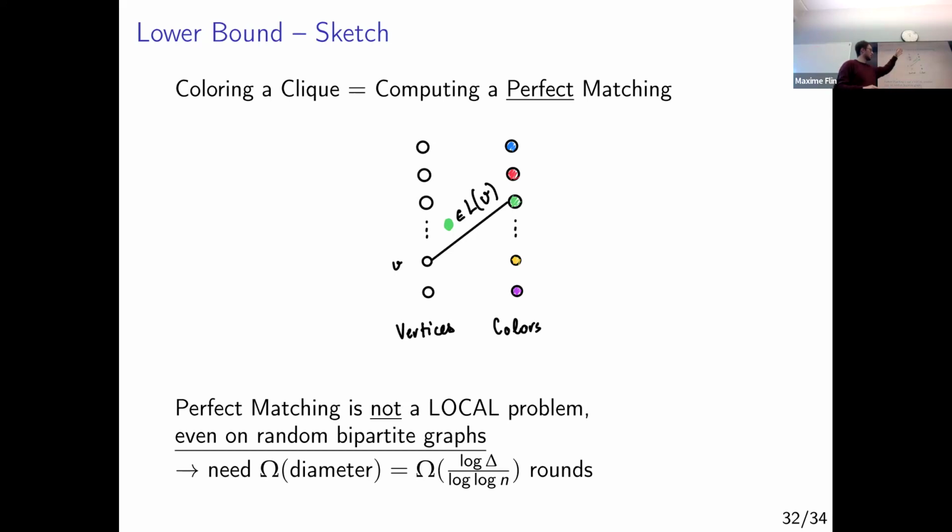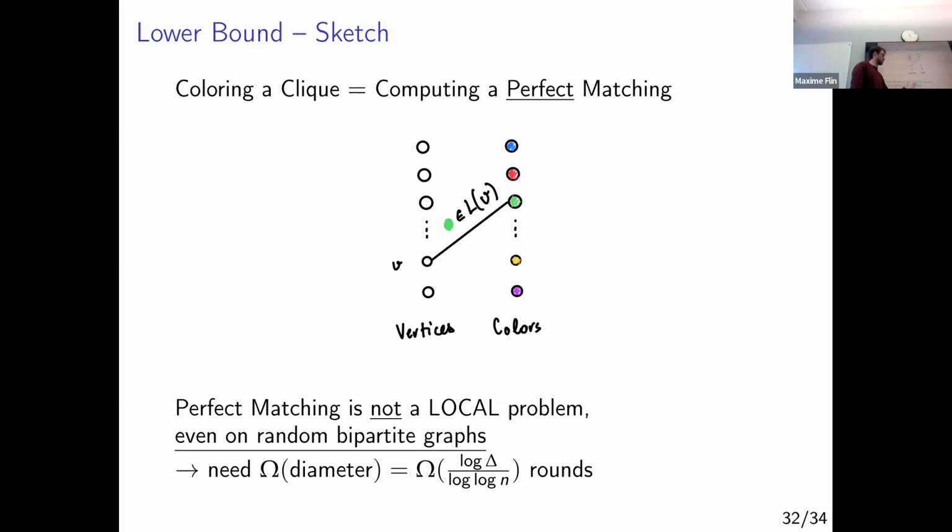But the one issue here is that it's a random graph, so it's not really an arbitrary graph. But you can show that even for those random graphs, it's not a local problem. You need to synchronize nodes far away from each other. Intuitively, it's not the full argument, but you need diameter time.